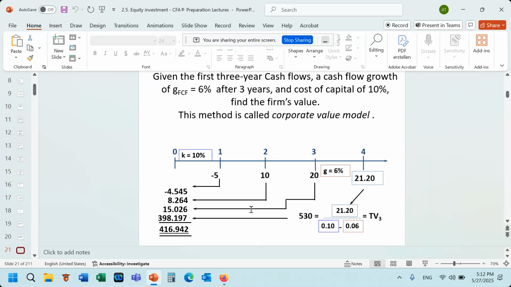Then year 2, the free cash flow is 10 million euros. You could imagine or pretend that this factory is a cash machine and it spits out 10 million euros. At year 3, we get 20 million euros. And then after that, these 3 cash flows are estimated from pro forma accounting statements. These are forecasted accounting statements, and the company provides them.